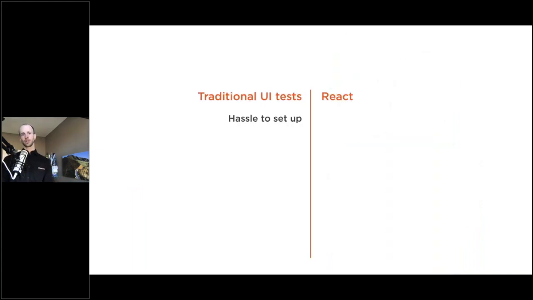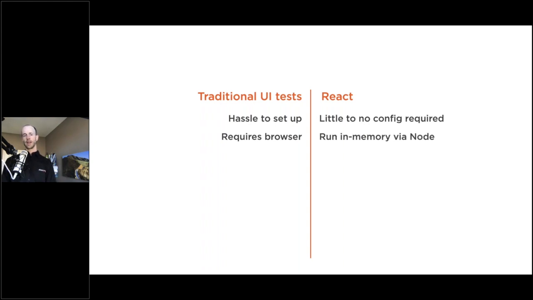When you think about traditional UI tests, they tend to be a hassle to set up, whereas if you're working in React, and especially with Create React App, automated tests work out of the box. You don't have to do any extra configuration. Often UI tests require a browser, whereas with React, you can run unit tests in memory via Node. Traditional UI tests can be slower, but with React, they tend to be quite fast.